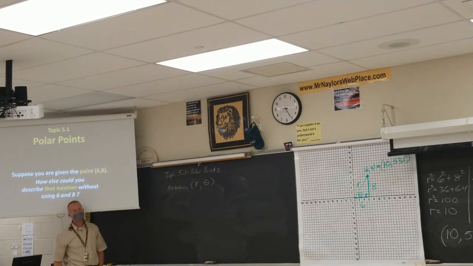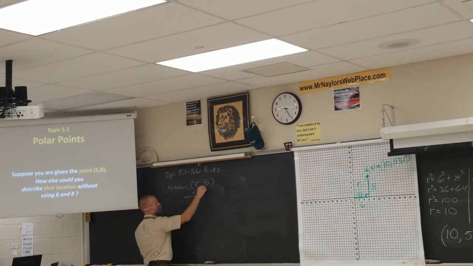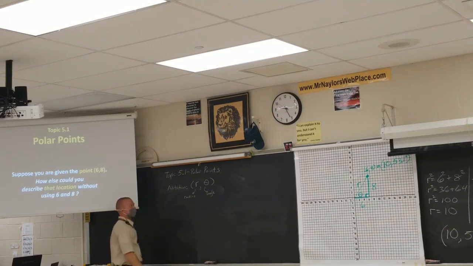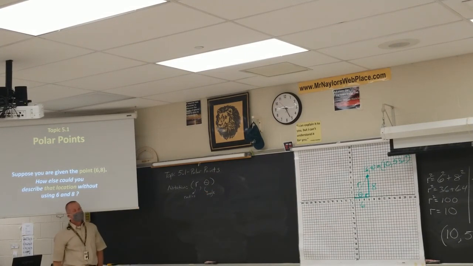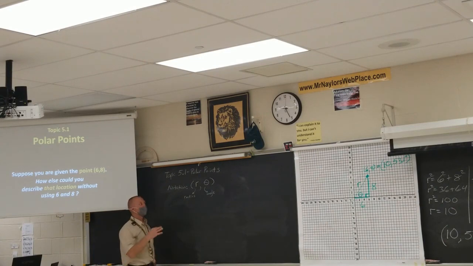Again, a polar point is always described with a radius and an angle. And your brain will kind of have to sort of reprogram itself, at least for a few weeks, to think about when you have two numbers, to think about them as a radius and an angle.